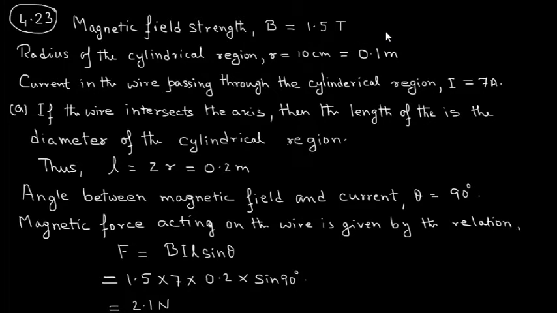Magnetic field strength B is equal to 1.5 T. Radius of the cylindrical region R is equal to 10 centimeter, that is 0.1 meter.